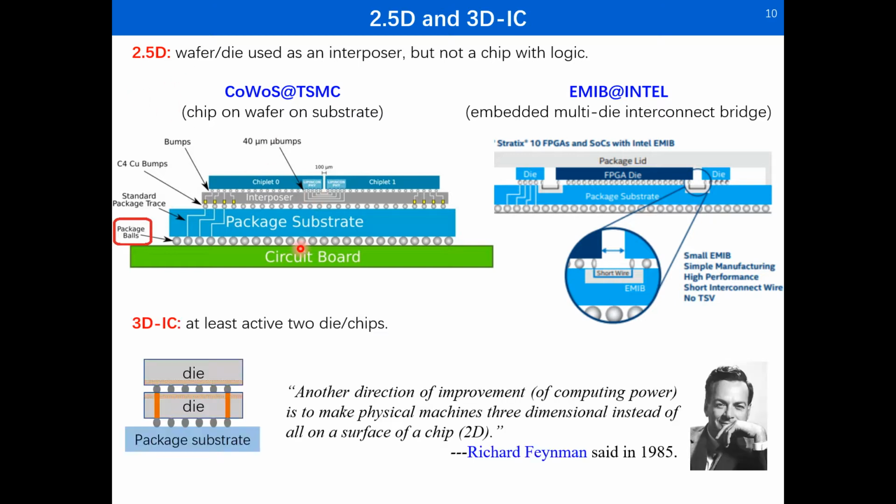And 3D IC means you must have at least 2 layers of real die stacking. And normally, a TSV is required to connect both sides of a die. This idea was proposed by Richard Feynman in the 1980s. He said that another direction of improvement is to make physical machines 3-dimensional instead of all on the surface of a chip.